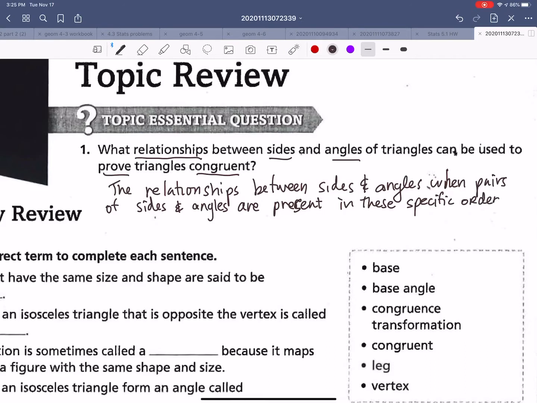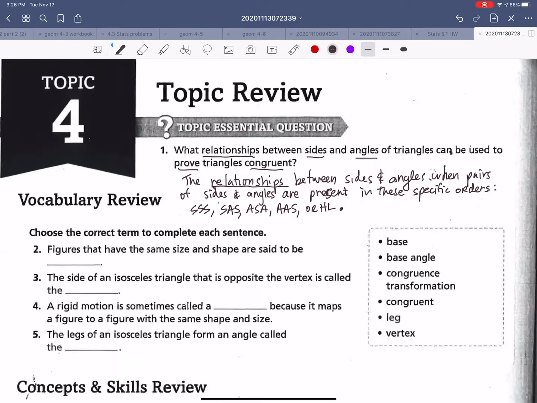So when our evidence spells side, side, side, side, angle, side, angle, side, angle, angle, angle, side, or HL, then there is a relationship present and they are congruent, right? That's basically what this whole chapter is about.